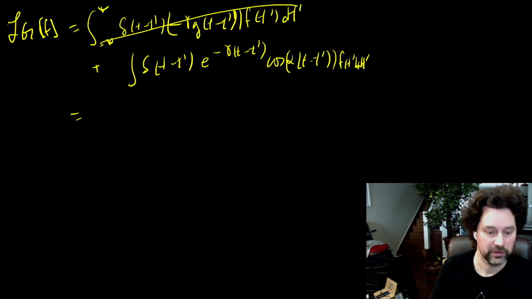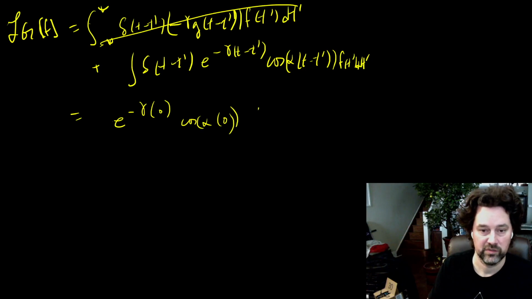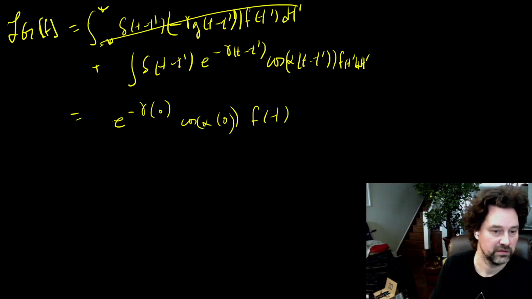And we're left with the application of LG to f equals e to the minus gamma 0 times cosine alpha 0 times f of t.